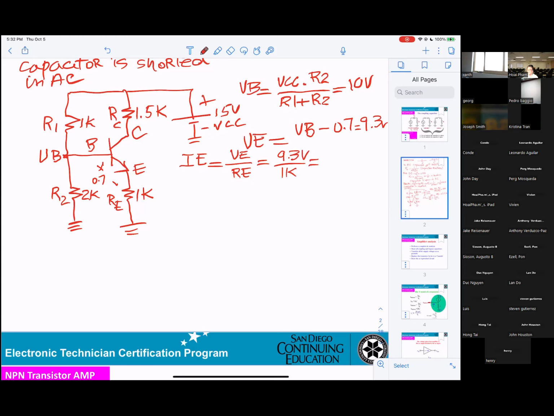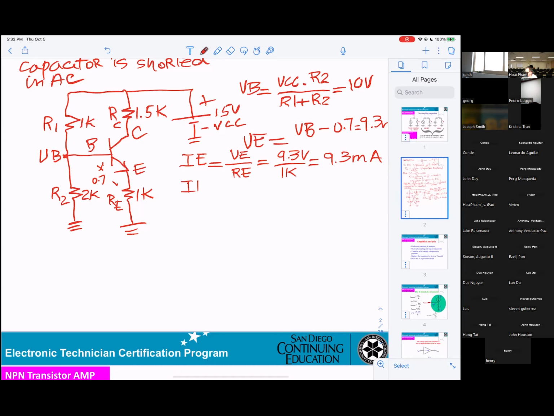You divide a voltage by kilo ohms, you will get milliamps, 10 to the minus 3. Yeah.